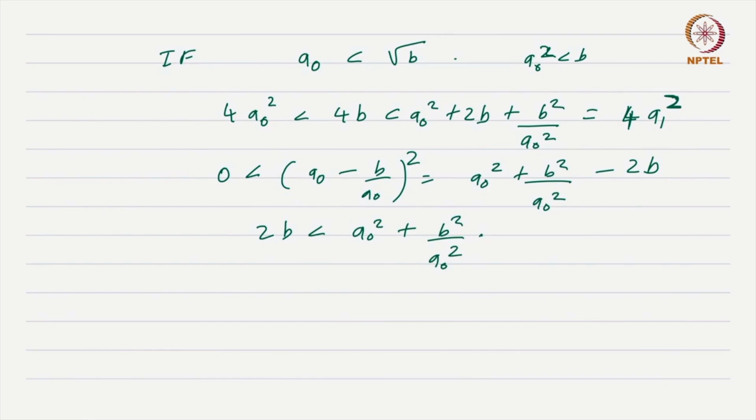Okay, so we have plugged this, that 2b is less than a naught squared plus b squared by a naught squared, into this equation here. We have just substituted.